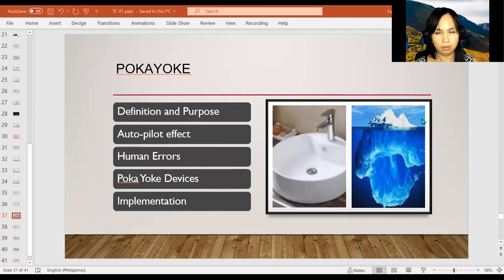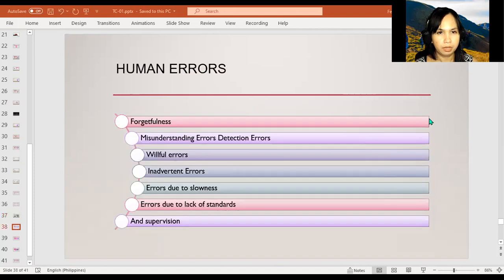Let's go over to the next section, which is 8 different types of human errors, and these errors can lead to defects. We begin with forgetfulness, misunderstanding errors, detection errors, willful errors, inadvertent errors, errors due to slowness, errors due to lack of standards, and errors due to lack of supervision.